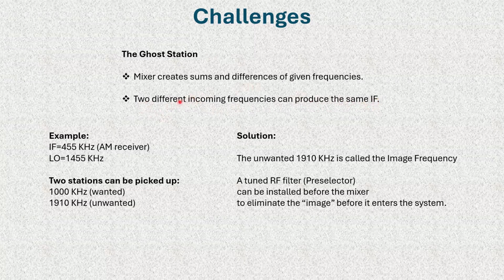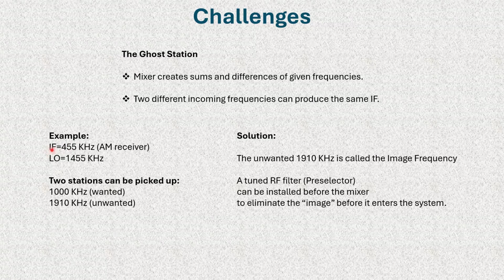It could be the one frequency of the station that we want to listen to, but there could be some other frequency that also can give us the result of the same, let's say 455 kilohertz.